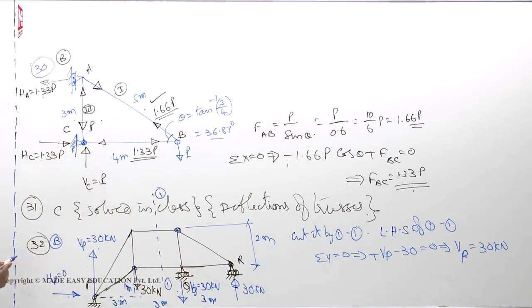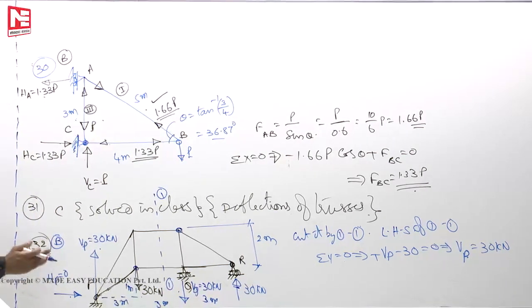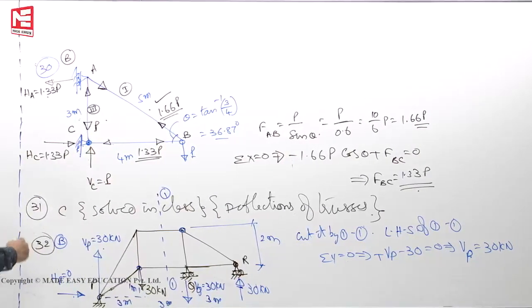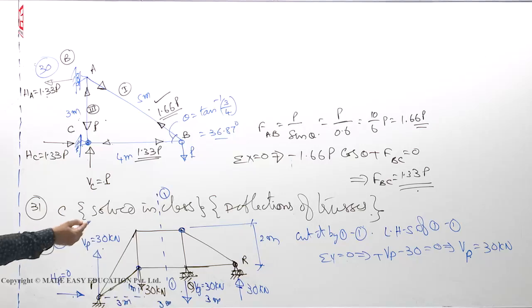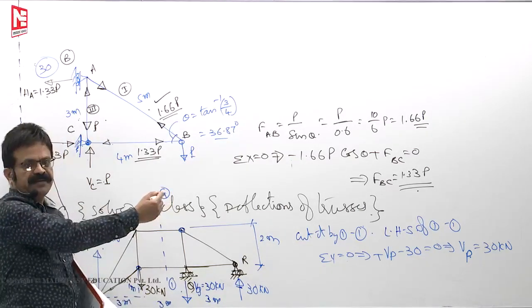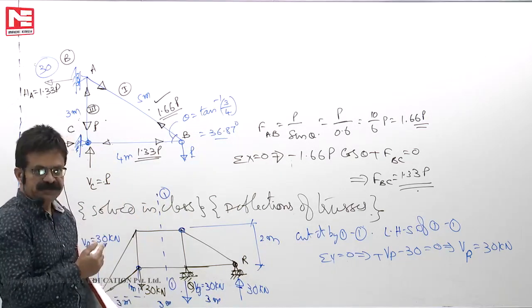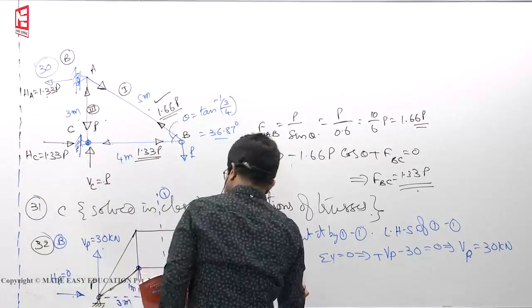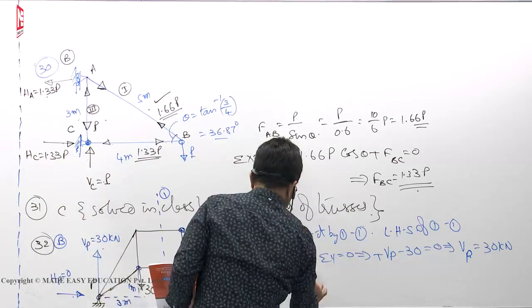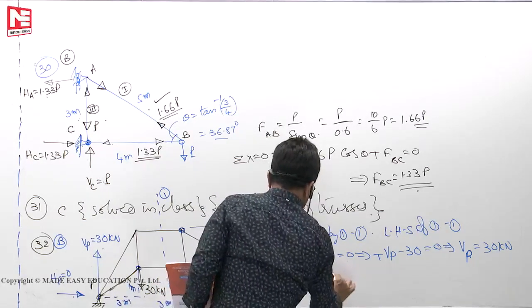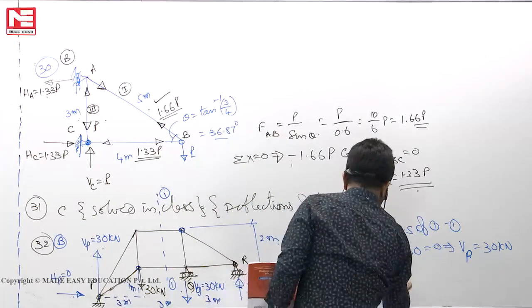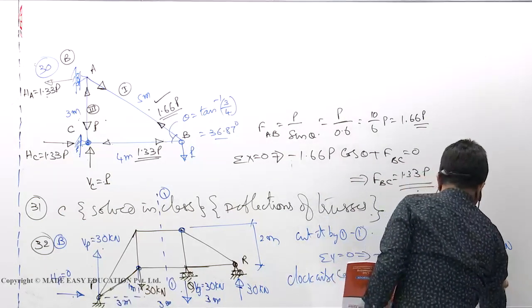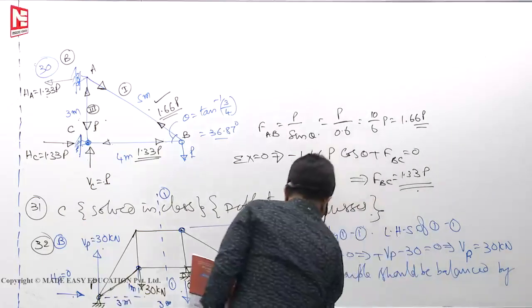So, how quickly we get the idea that we have to cut it, look left side, then find Vp. After finding Vp, it will form a couple of 30 and 30, then it should be an anti-clockwise couple. Otherwise, sigma m will not be 0. So, that logic we should get. So, Vp is 30. So, the clockwise couple should be balanced by an anti-clockwise couple.